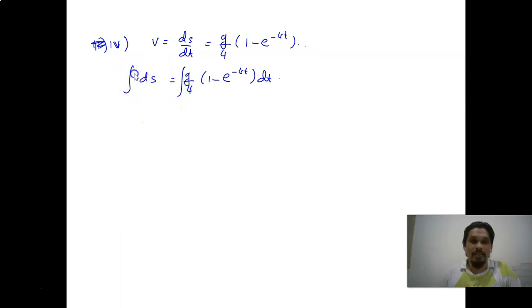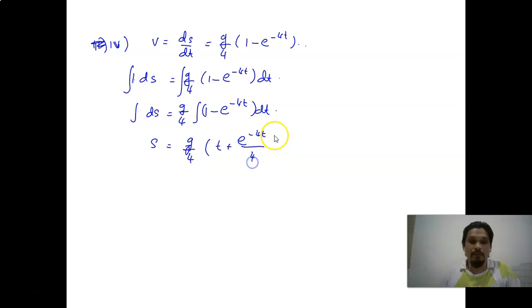Integral of 1 ds equals g over 4, a constant, and we integrate just this 1 minus e power of negative 4t dt. Then s equals g over 4, which is t plus e power of negative 4t divided by 4.